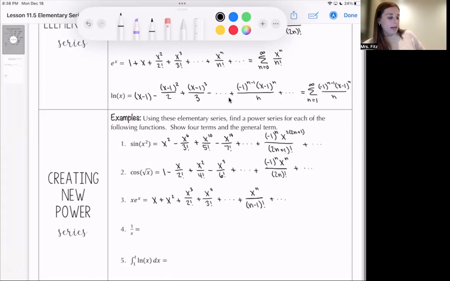Okay, the next one is 1 over x. They threw this one in here because if you know what the derivative of natural log of x is, it is 1 over x. So all you have to do is take the derivative of each of the terms within natural log of x, and you'll get 1 over x.